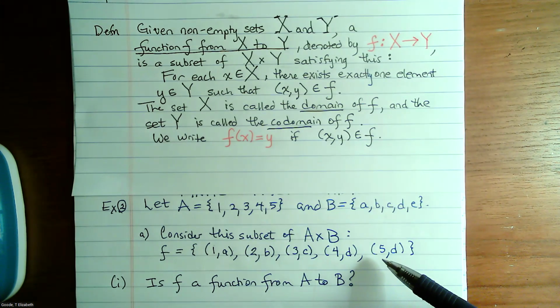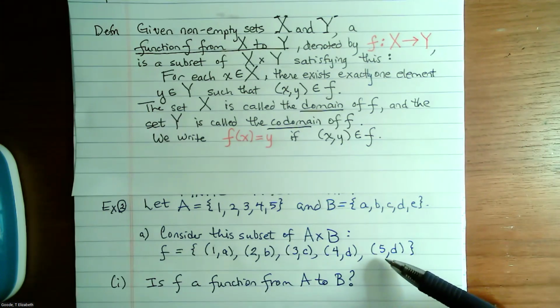F is a function from A to B. Okay, I've got a vote for function from A to B. Anybody have a different vote? Well, Edwin's correct.